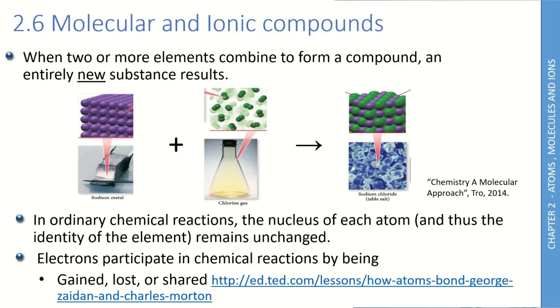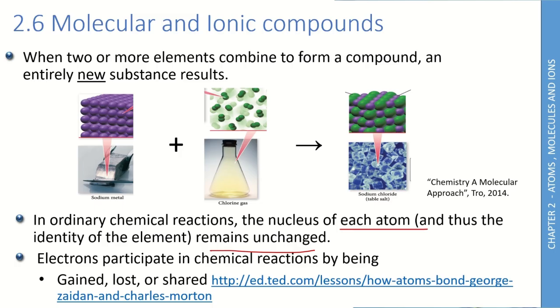Molecular and ionic compounds. When 2 or more elements combine to form a compound, an entirely new substance results. So if I have carbon and oxygen, I can produce CO2 or CO, which are different compounds, right? In ordinary chemical reactions, the nucleus of each atom, and thus the identity of the element, remains unchanged. That means the number of protons will be the same. If I have a carbon as a product, I also have a carbon as a reactant.